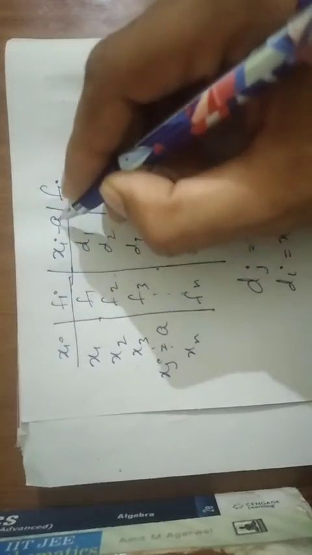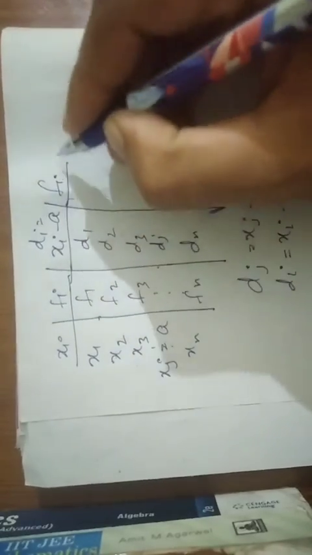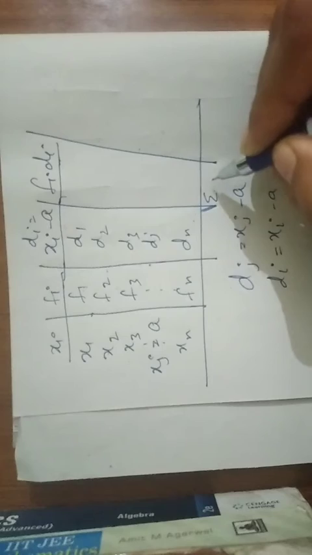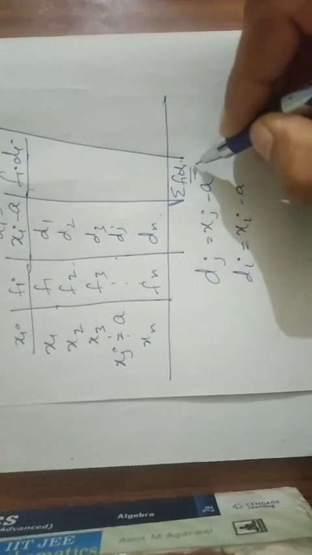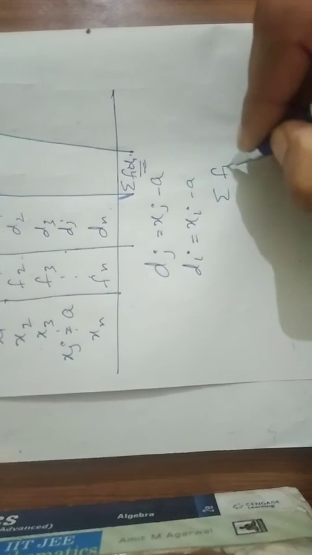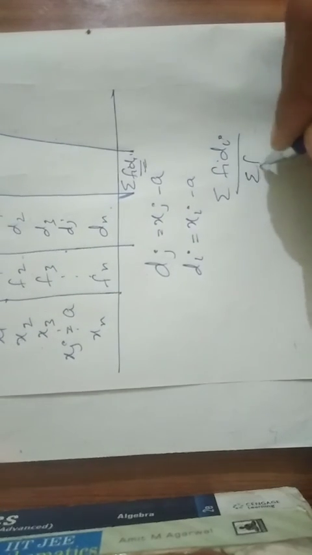After that, we will make another column fi into corresponding deviation di, that is fi di. After that, we will add all these fi di's, and we find the arithmetic mean of deviation, which is sigma fi di upon sigma fi, which is equal to sigma fi (xi minus a) upon sigma fi.